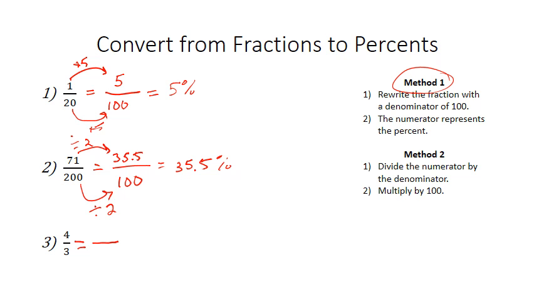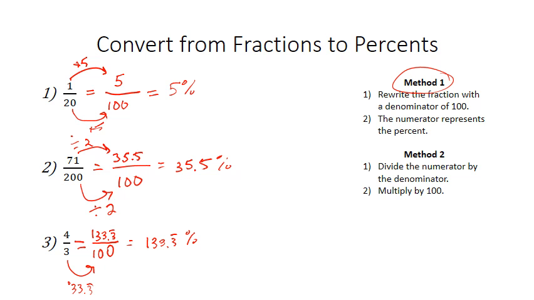We need to get from 3 to 100. Well, to get from 3 to 100, it's going to be times 33.3 repeated. So then I'm going to take that number and multiply it by 4, and I get 133.3 repeated. So this is equal to 133.3 repeated percent.